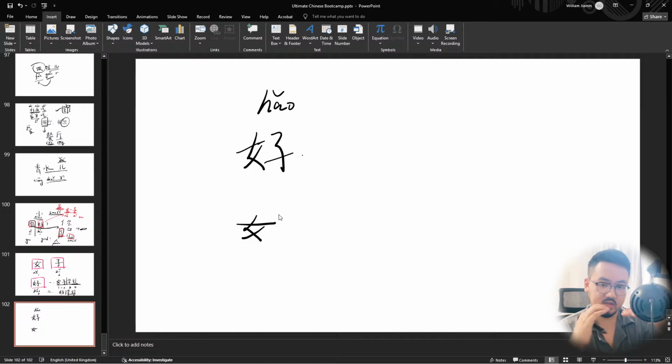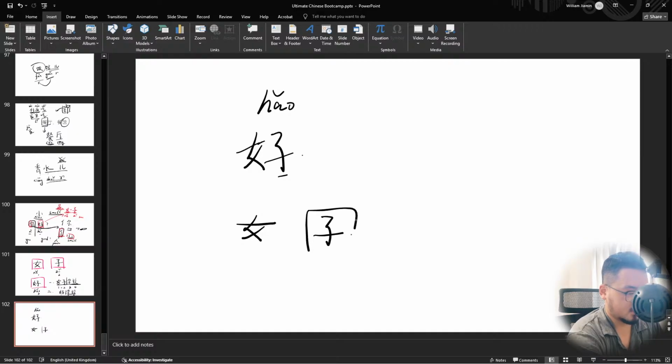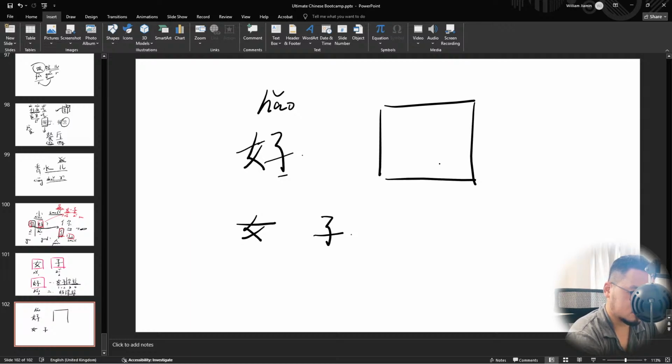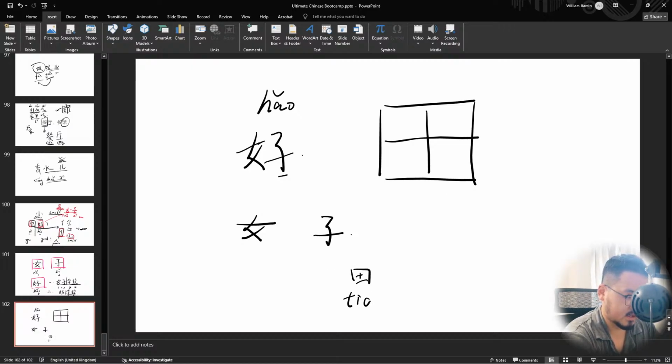You skew that a little bit and make that a really tiny part, and you can see the difference. For example, this is really slim and tall. It's not really squared. For kids who just start learning writing characters, they're going to write it in 田字格. This is like 田. This is also a character. 田.